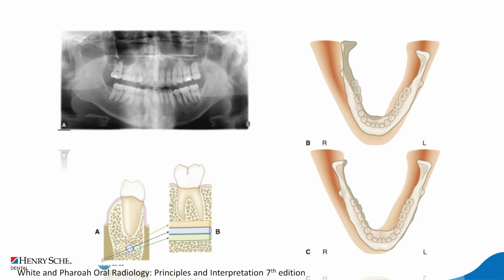On a pan, if the patient is malpositioned within the unit when you are taking the radiograph, you'll have distortion, and areas that will be very blurred and difficult to assess because you won't be perfectly aligned with the focal trough. This is going to be solved with a CBCT, where you can manipulate and reorient your data so you can redraw the focal trough. But on a 2D panoramic radiograph, it's impossible to do so.